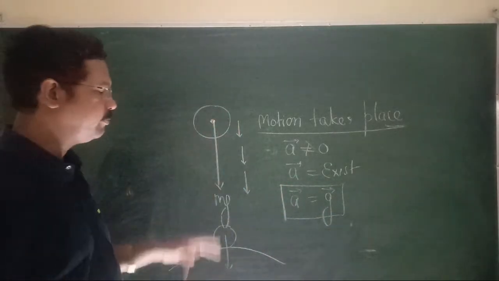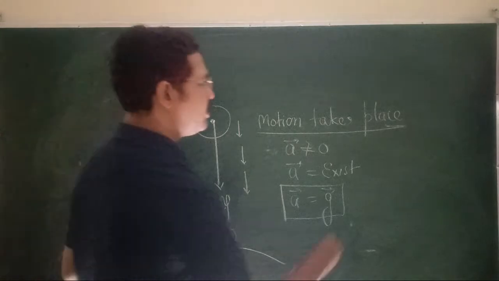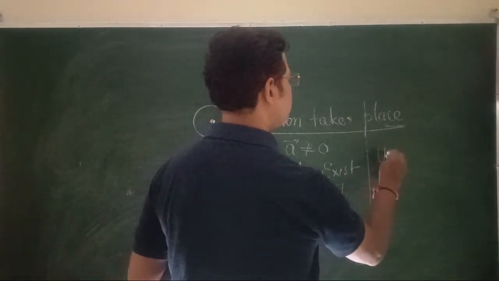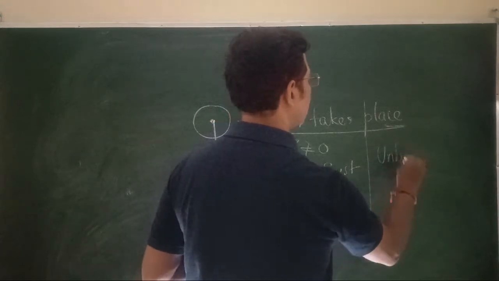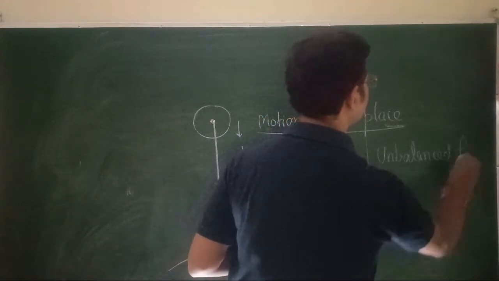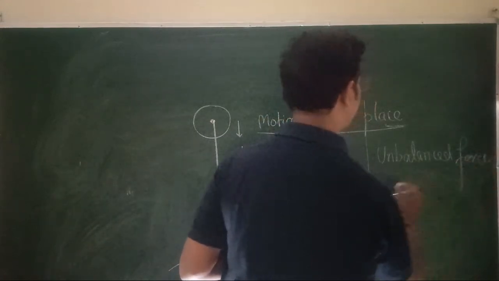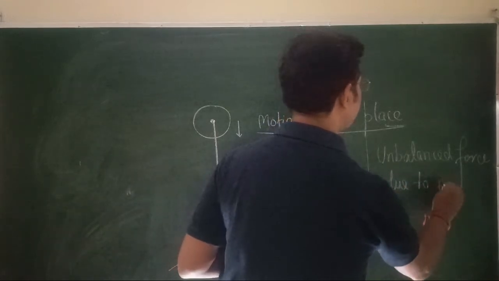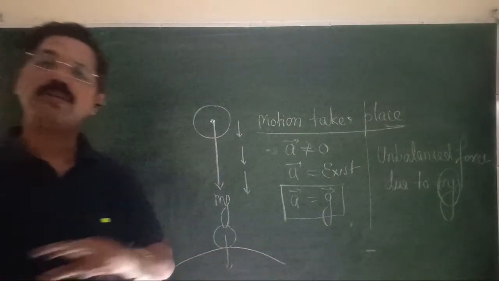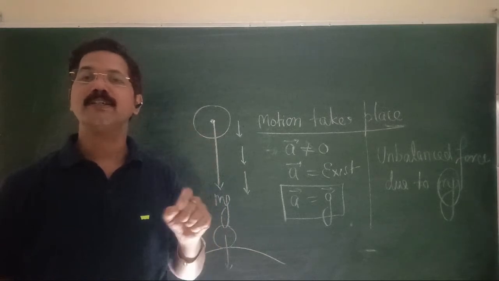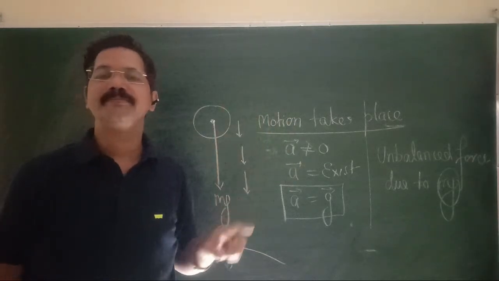In this case, mg is basically an unbalanced force, due to mg or force of action. There is no reaction. So unbalanced forces cause motion of the body.